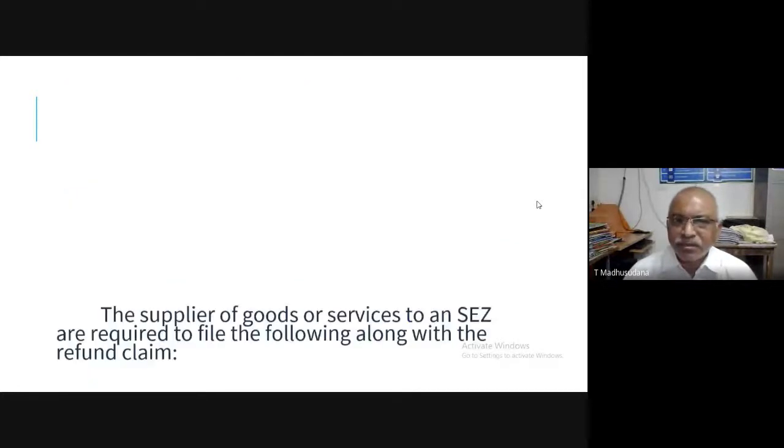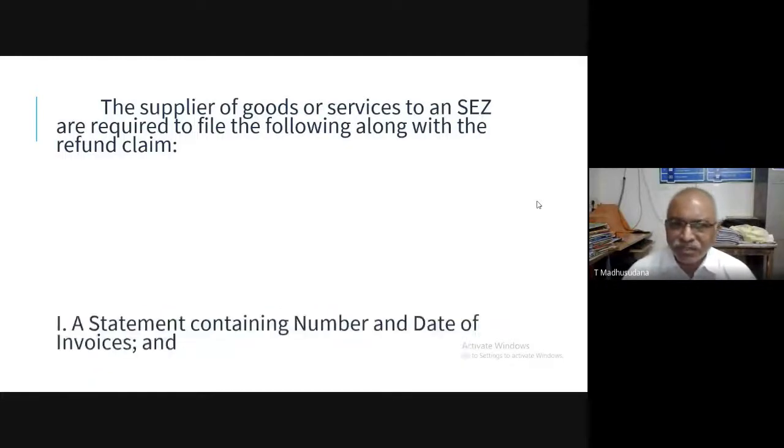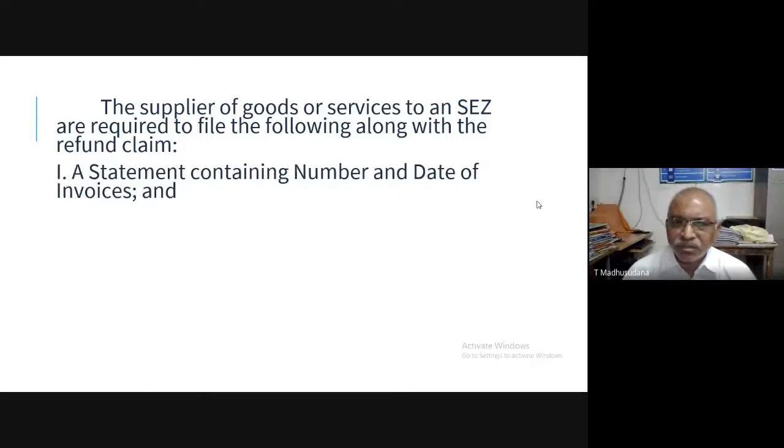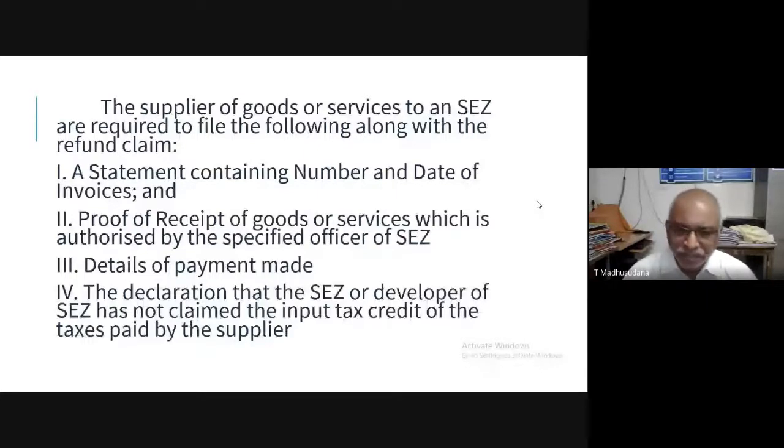The suppliers of goods or services to the SEZ are required to submit the following: a statement, proof of receipt of goods by the SEZ officers, details of payment made, and a declaration stating that the goods have been received in proper condition by the recipient.